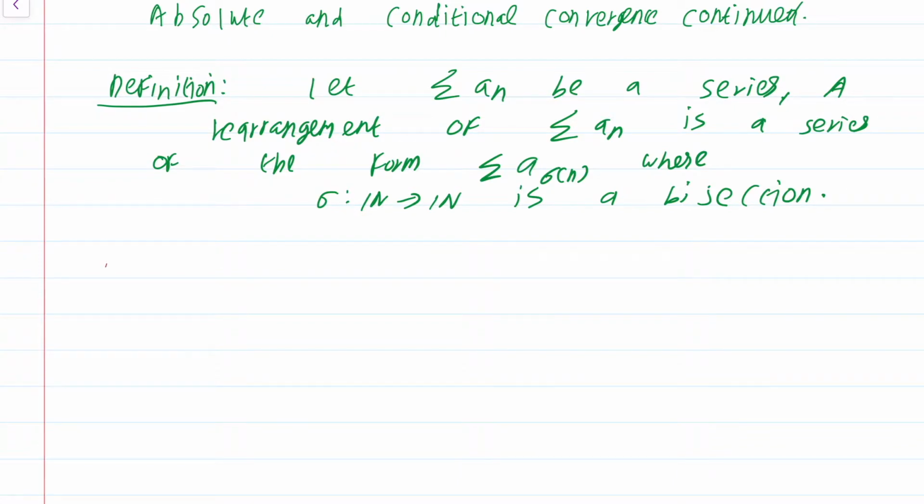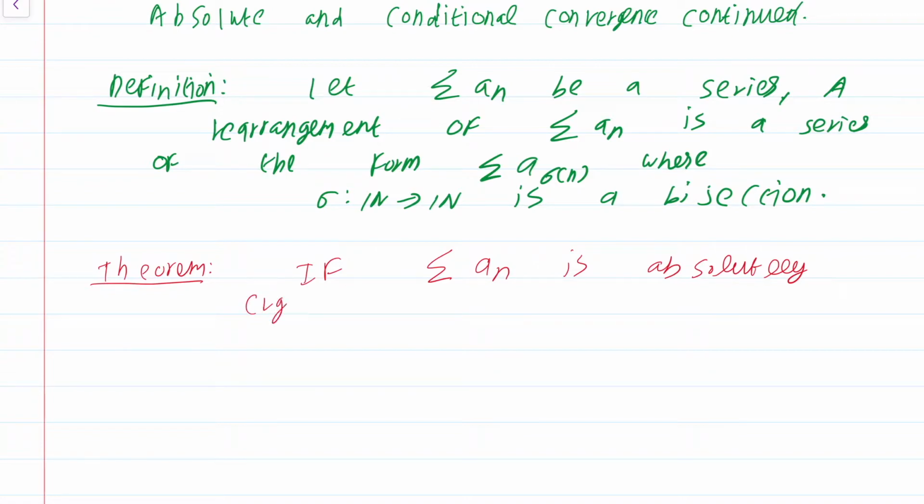More precisely, making this precise, theorem: if sigma an is absolutely convergent, then all rearrangements converge to the same limit.